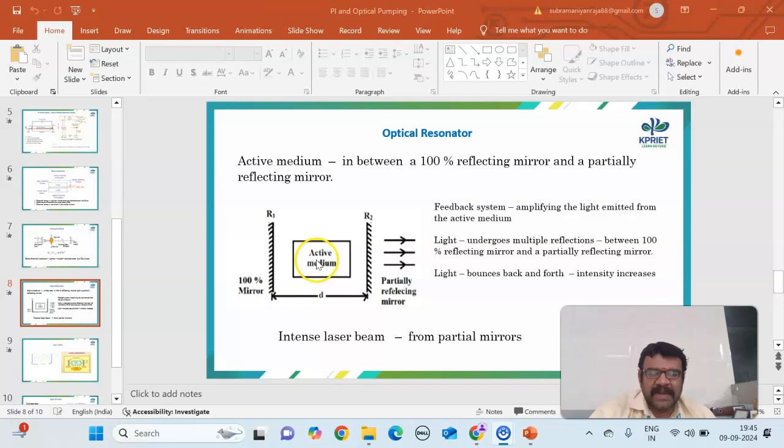So your light which is emitting from the active medium goes here. It gets reflected, it gets again reflected, it gets again reflected. Multiple reflections take place. Once the light undergoes multiple reflection between 100% reflecting mirror and partially reflecting mirror, your light bounces back and forth. As a result of the bouncing back and forth, your intensity increases. As a result, the intense laser beam comes out of this system due to the partially reflecting mirror.